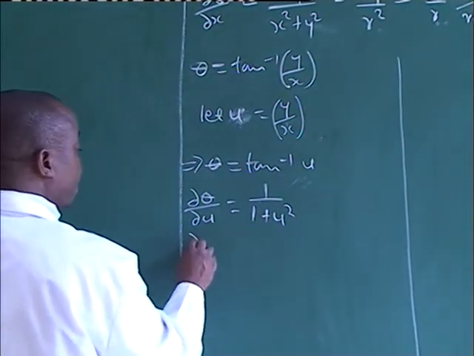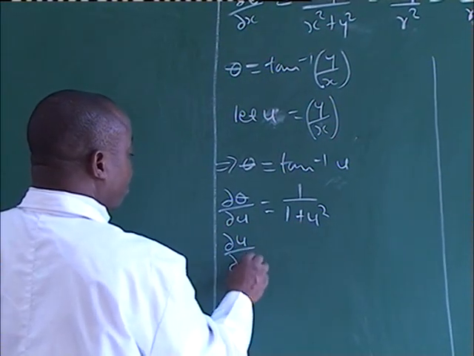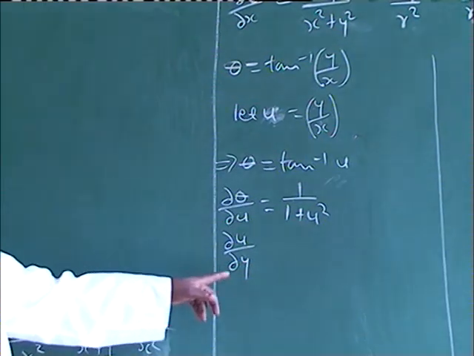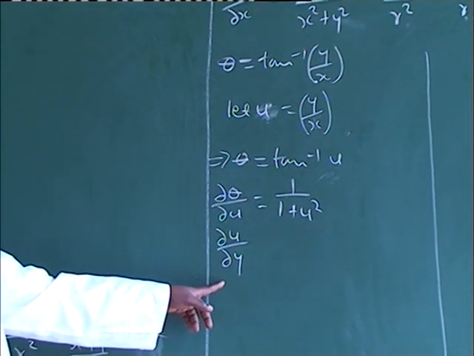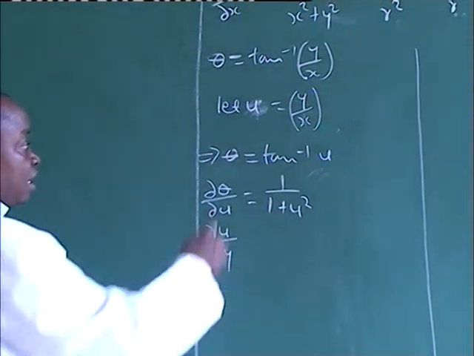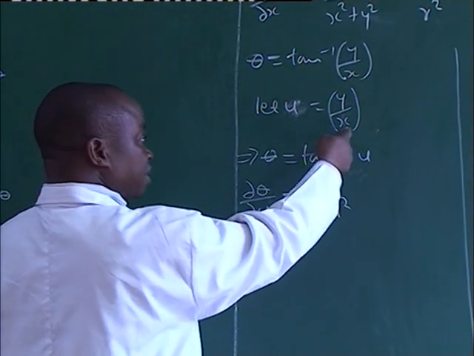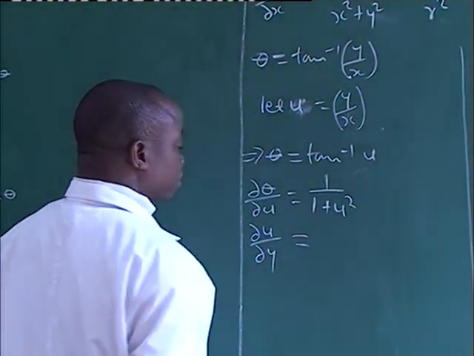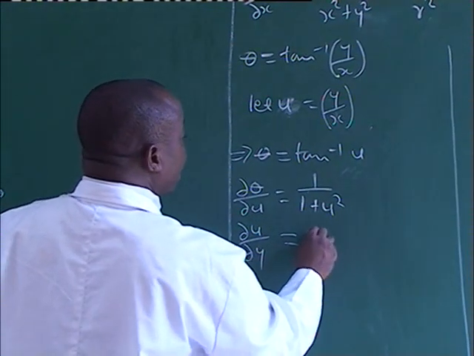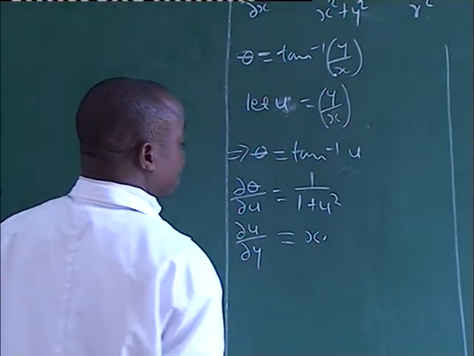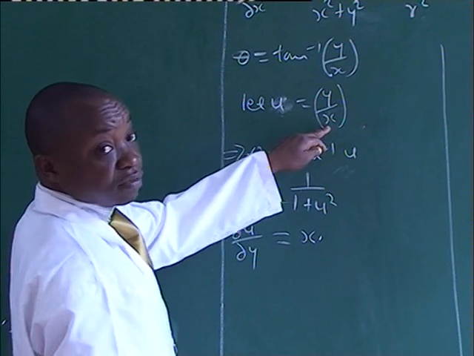Okay, now partial u partial y. Differentiating this with respect to y, I will have x times, I will keep v first.